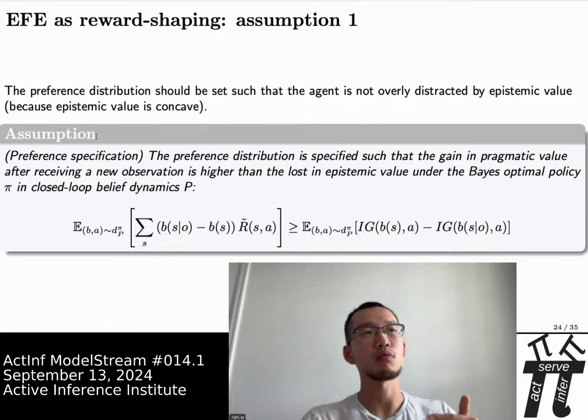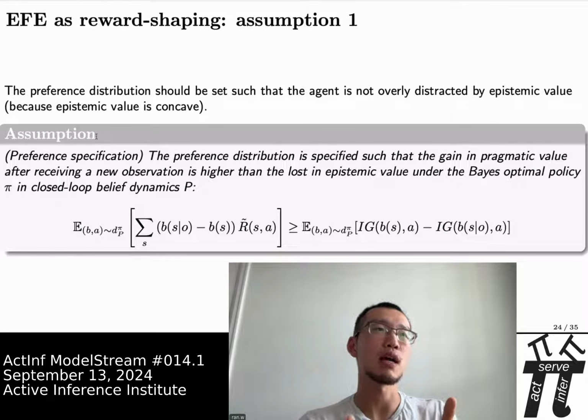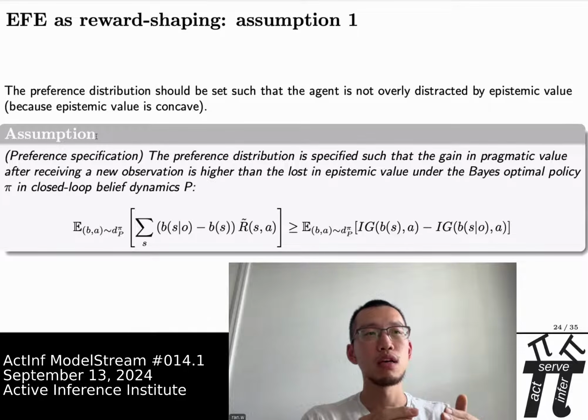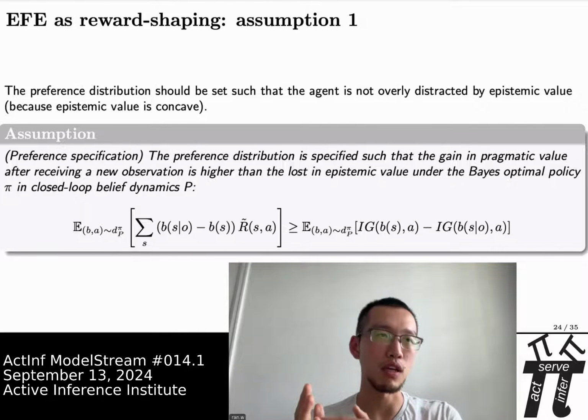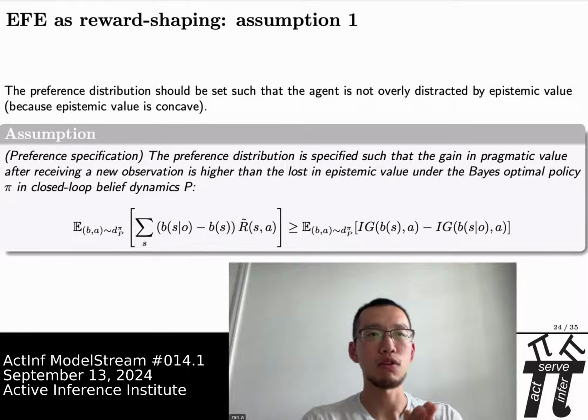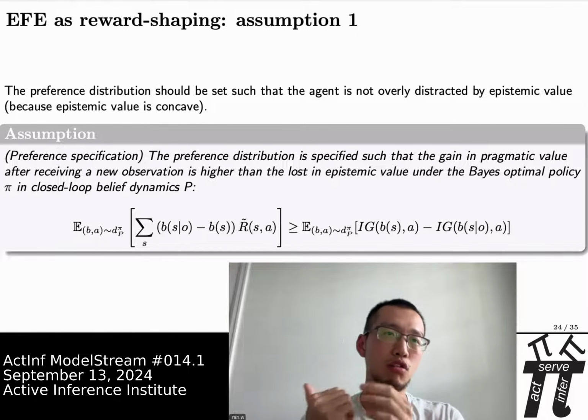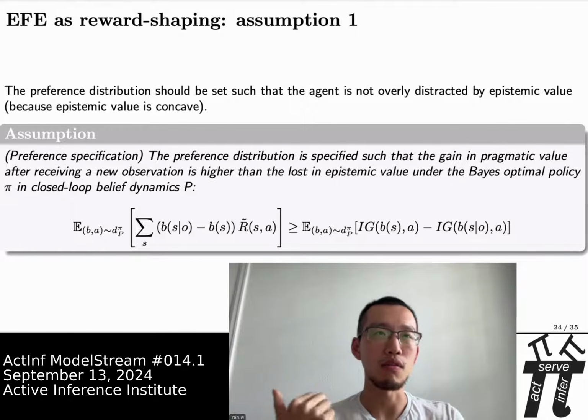What this assumption says is that if we still want the EFE agent to be goal-directed, then we need to set the preference in such a way that the gain in pragmatic value after a belief update is always greater than the loss in information gain after a belief update. This way, we make sure that the agent focuses on a task and doesn't get distracted by collecting information that's potentially not useful for the task.